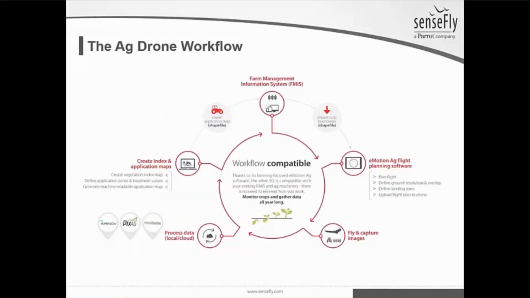Good. So the content, I skip this slide and go right into the ag drone workflow because that's all we're going to talk about today. First of all, we start at your farm management information systems, exporting field boundaries and taking them into your eMotion Ag, your flight planning software, in order to define your flights.